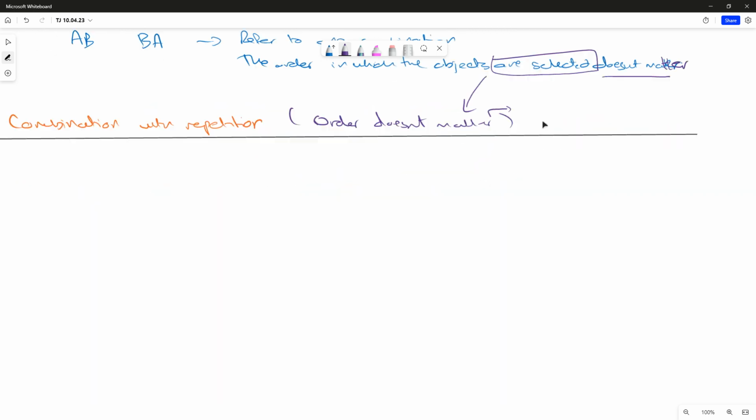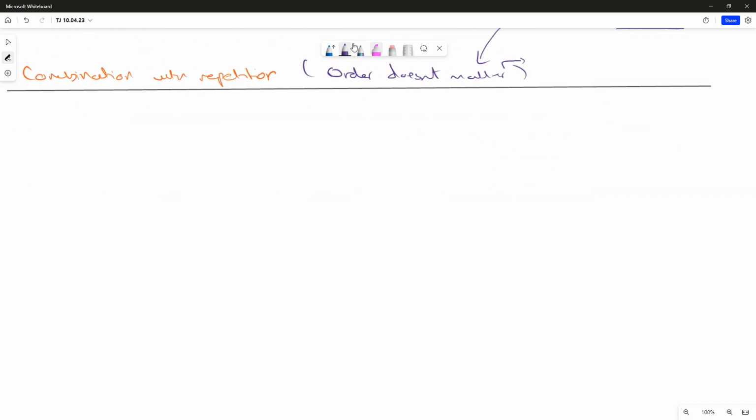Okay. So the equation for this here, the standard formula for a type of question like this would be n plus r minus 1 factorial divided by r factorial divided by n minus 1 factorial.